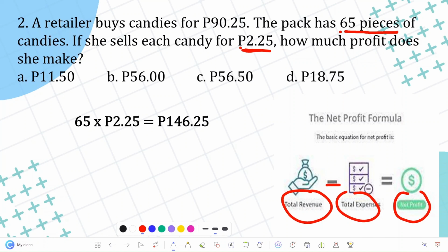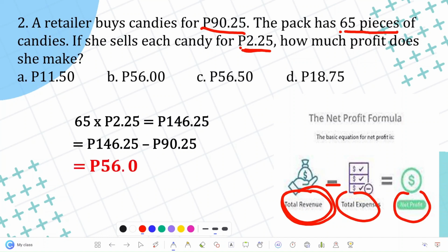Next mong gagawin, bawasan mo ng iyong total expenses, ang ginastos na 90.25. So, 146.25 minus 90.25, and this is equal to 56 pesos. And that makes letter B as the correct answer.